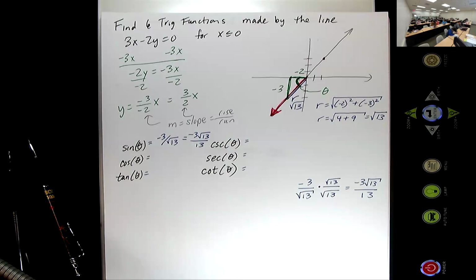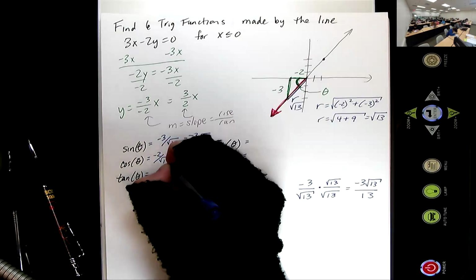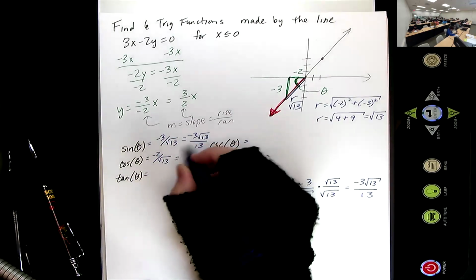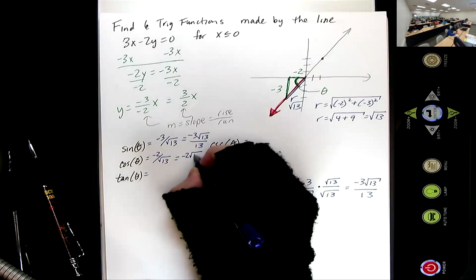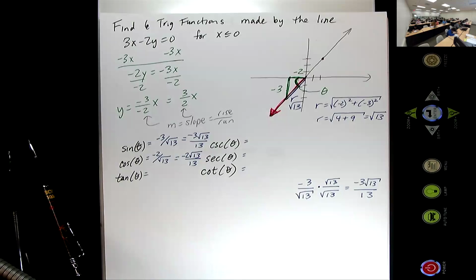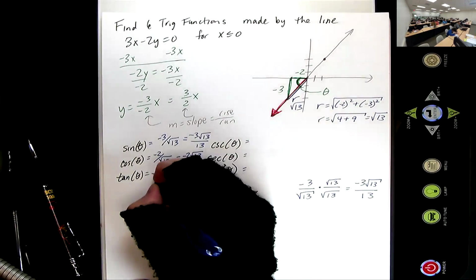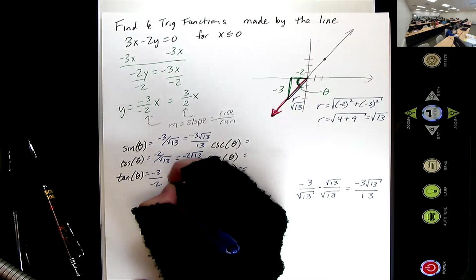Cosine is adjacent, which is the -2 over square root of 13. It ends up doing the same thing: -2 root 13 over 13. And tangent theta is opposite, which is -3, over adjacent, which is -2.